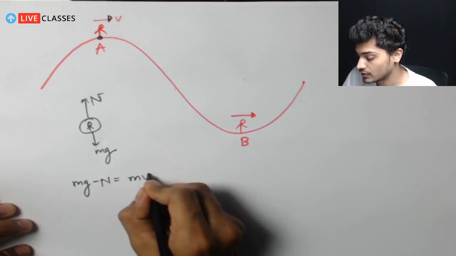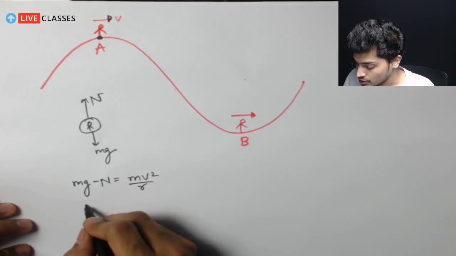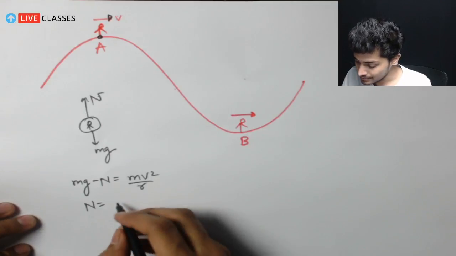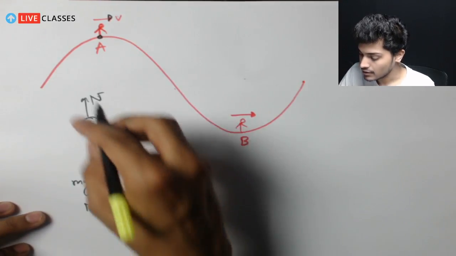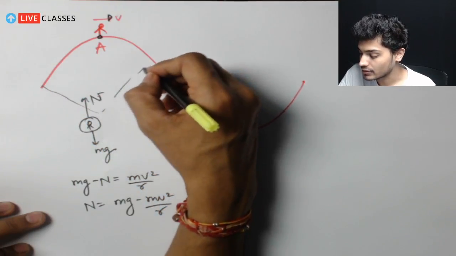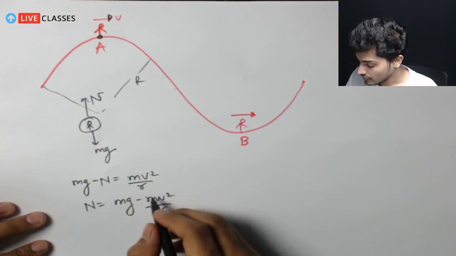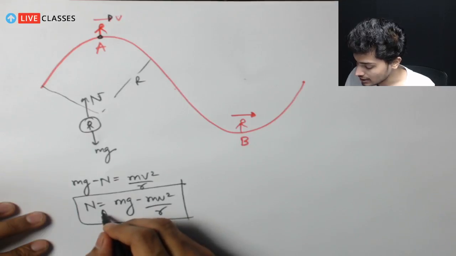In this way we will get our centripetal force. So here N will be mg minus mv square by r, and suppose r is the radius given here, right? It will be the normal at point A.